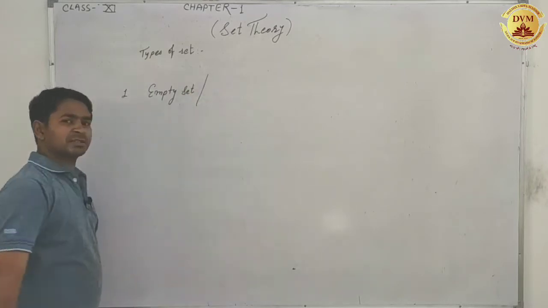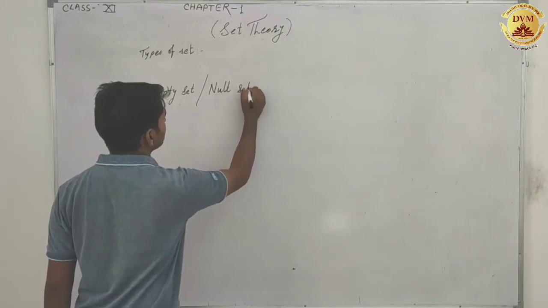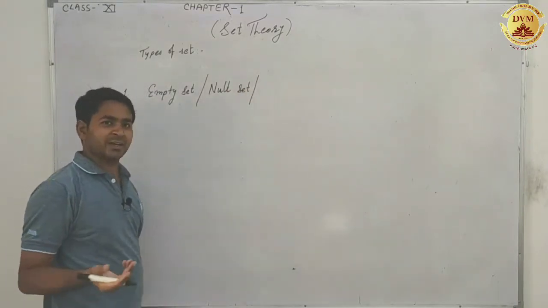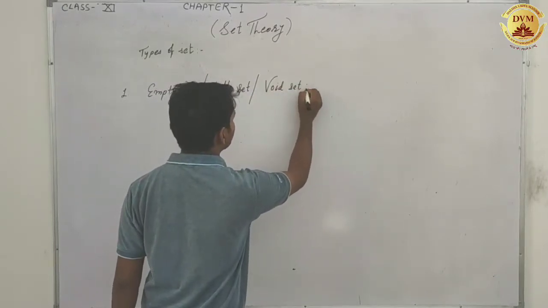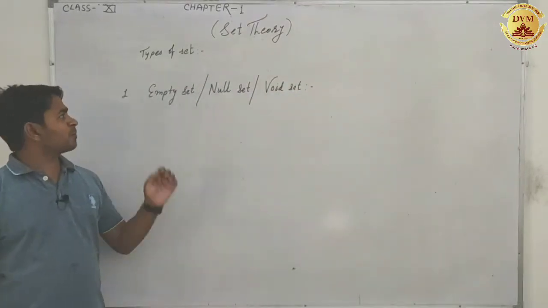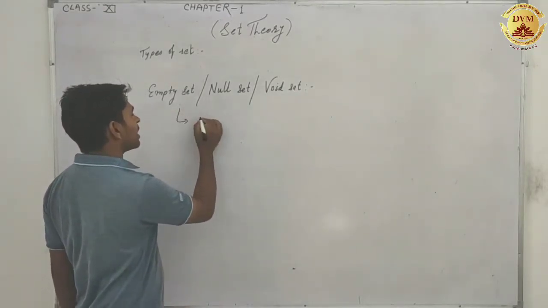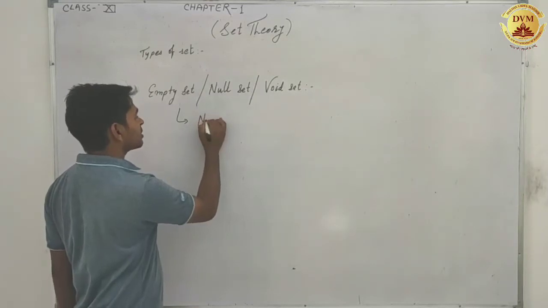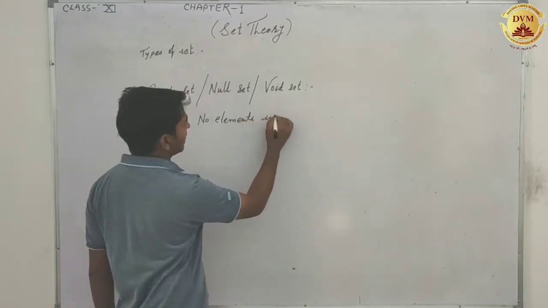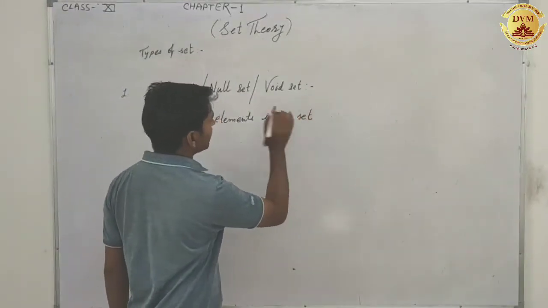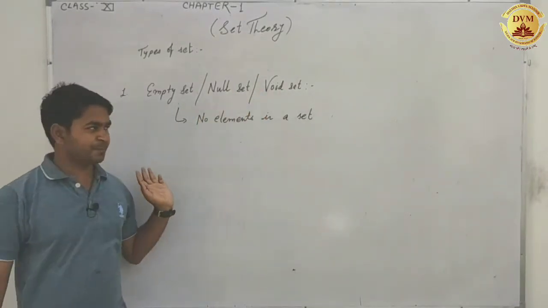Its other name is null set, and it is also known by another name, void set. So what is an empty set? When there are no elements in a set, then it is called an empty set, a void set, or a null set.